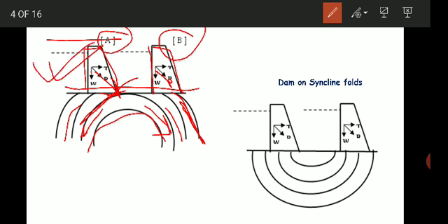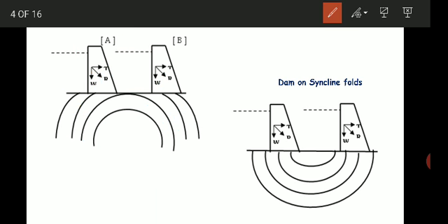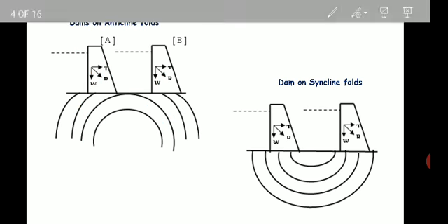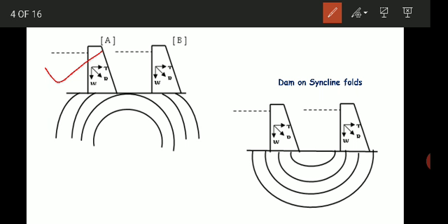So this is the safe situation for construction of a dam. Okay, so this is safe and this is unsafe in case of an anticline, because R is perpendicular to the bedding plane in case of A, right? And in case of B, R is parallel or along the bedding plane, so that is unsafe.